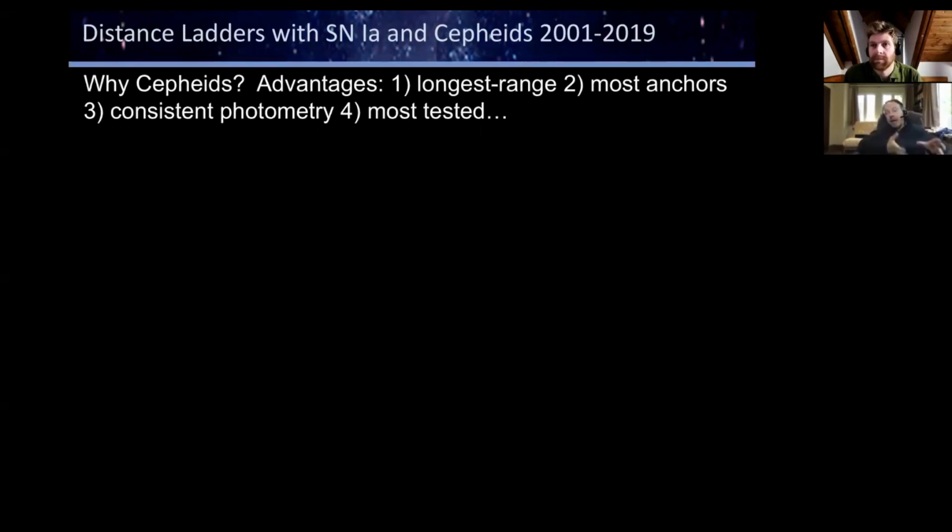I mentioned parallax, but there are other techniques: detached eclipsing binaries, megamasers in the host galaxy NGC 4258. These are all independent geometric ways to calibrate it. We can measure them consistently. That is, we can use the same telescope, Hubble, to observe Cepheids in, let's say, the Milky Way, where we measure parallax, and then out in the hosts of type 1a supernovae. And they've been, I would say, the most vetted.